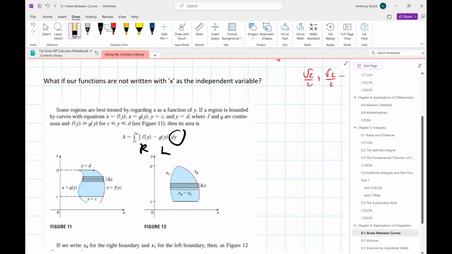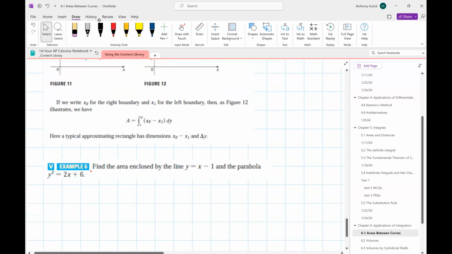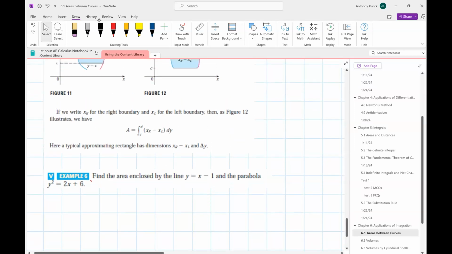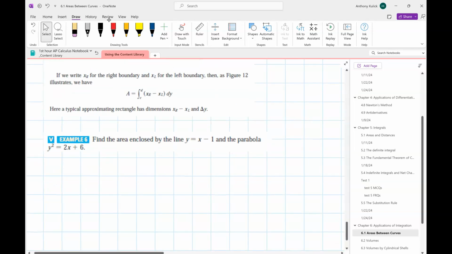Is that okay there? Okay. So here it wants the area enclosed by the line y equals x minus 1 and the parabola y squared equals 2x plus 6.